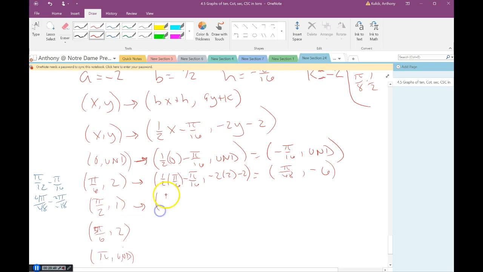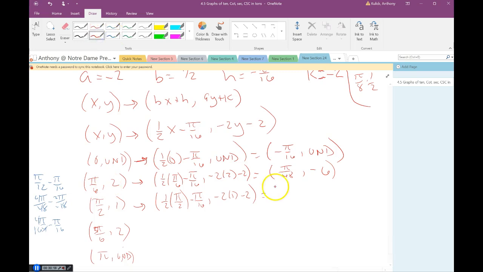Okay, continuing on. At least this one's not so bad. So that's going to be pi over 4 minus pi over 16. That's easier to see, right? What's the common denominator going to be there? 16. So that's just going to be 4 pi over 16 minus pi over 16.